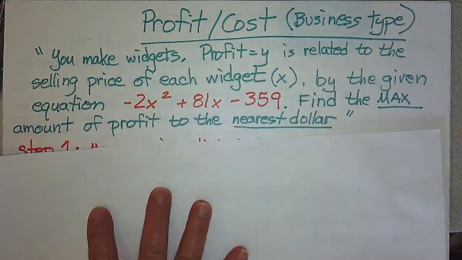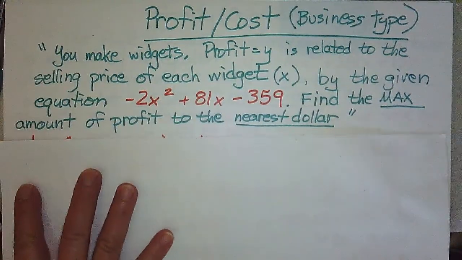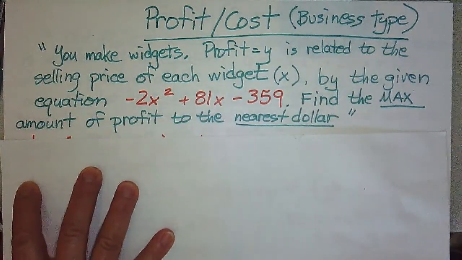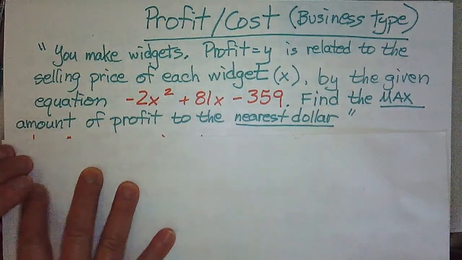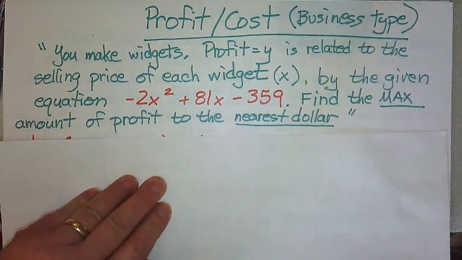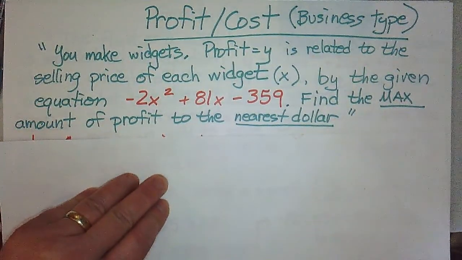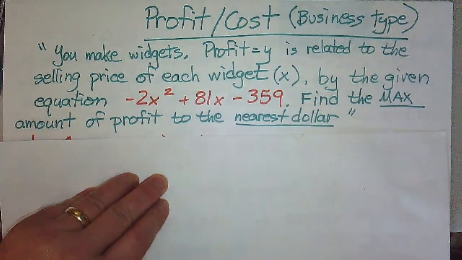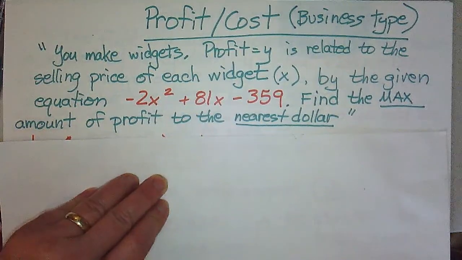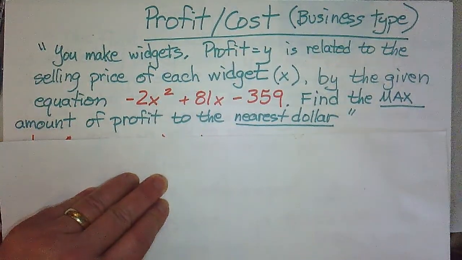All right, here's the first style. It's a business type of word problem. Okay? They're usually asking you about cost or profit. That's how they're worded. This particular one, straight off of Delta Math, you make widgets.